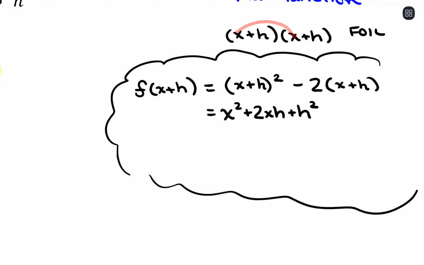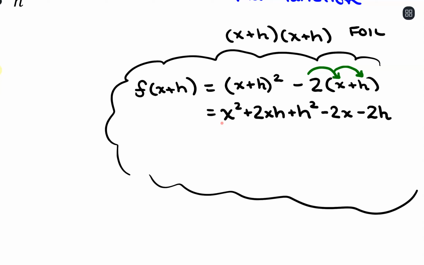So those first values give us the x squared. Outer is x times h, and inner is x times h, so those add up like terms to 2xh, and then multiplying last gives us that h squared. All right, then over here we want to distribute that -2 in, so we're going to have -2 times x and -2 times h.